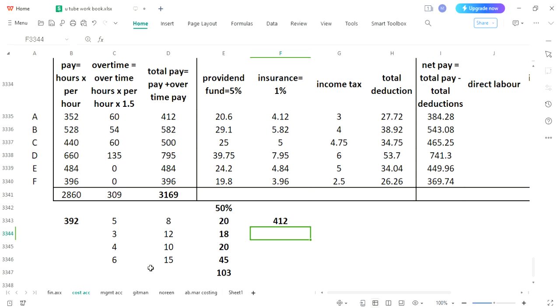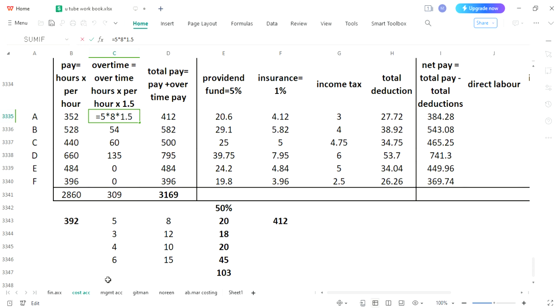By demonstrating it, you are now well aware that there are two methods of calculation of normal and overtime. If you want to separate overtime cleanly, normal hours 44 would be multiplied by per hour rate, and separate overtime. And if you separate overtime hours, 5 were the overtime hours multiplied by per hour and 1.5.